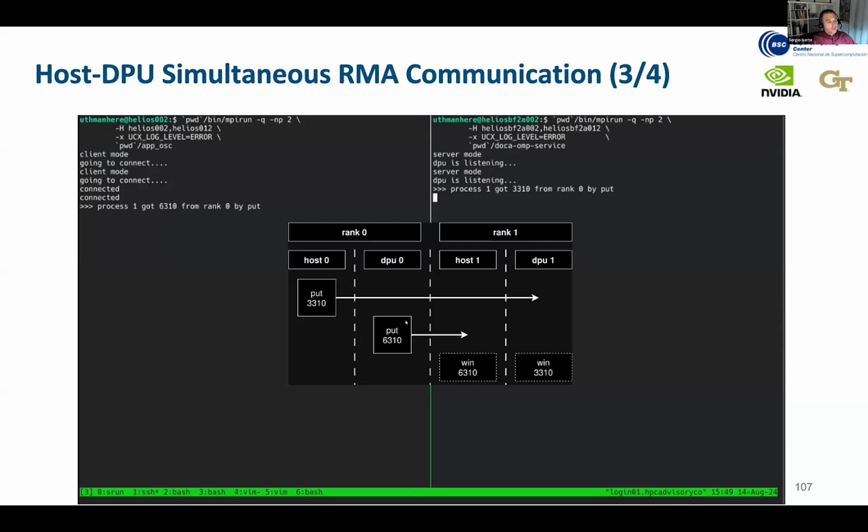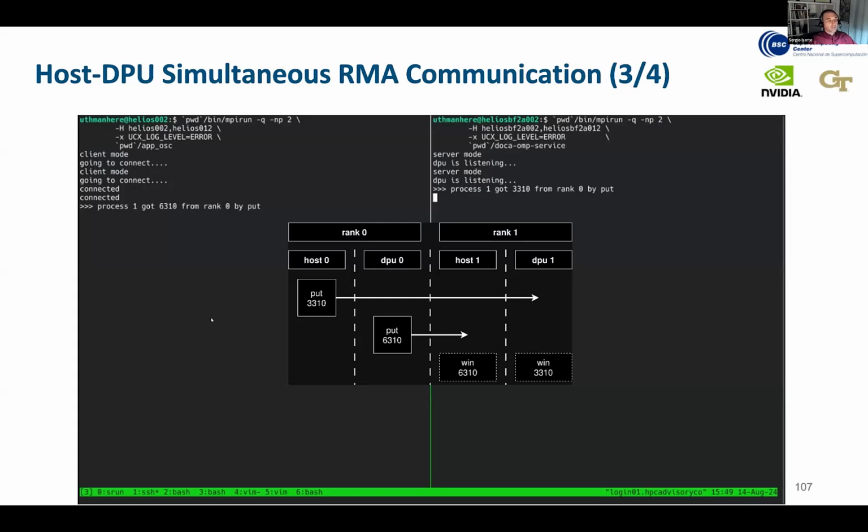And concurrently, although this scheme says that it's serial, we are running this simultaneously, as the example says. So we have these two puts simultaneously, and at the end of the execution, we have this value in the windows in rank 1.